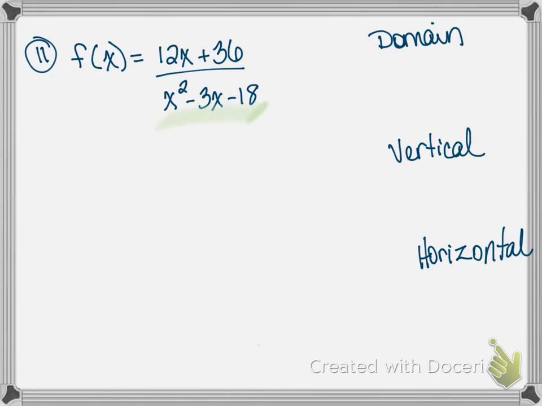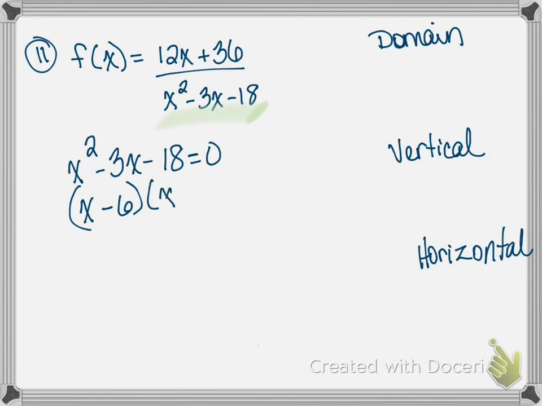So we are going to set this denominator equal to 0. We are setting the denominator equal to 0, and we are factoring. Okay? Once I factor that, that's what I get.